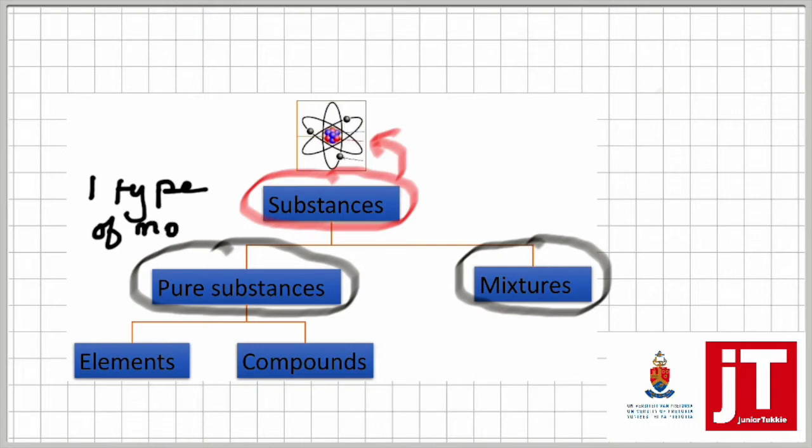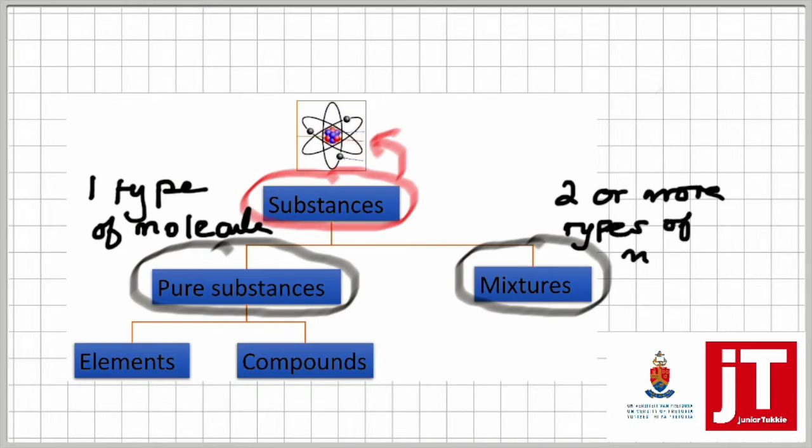I'm using the word particle, but we could also use the word molecule. In a mixture, there are two or more types of molecules. We will go on in this video to elaborate on that.